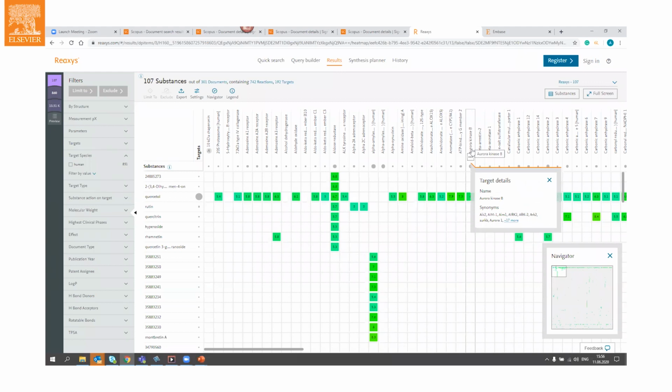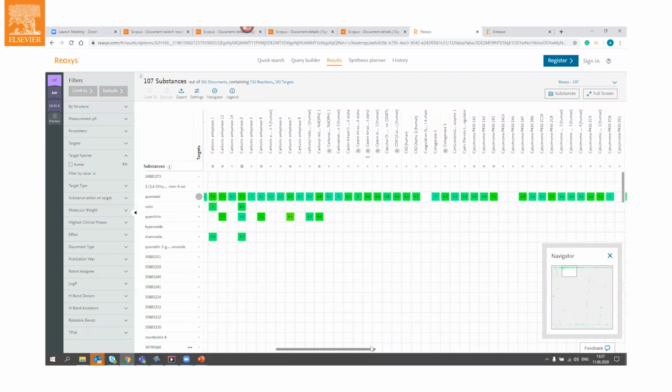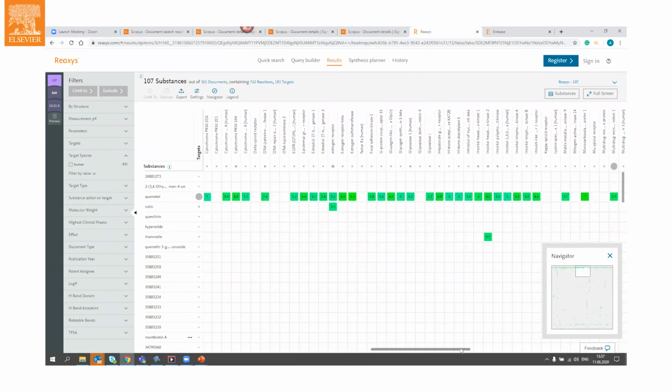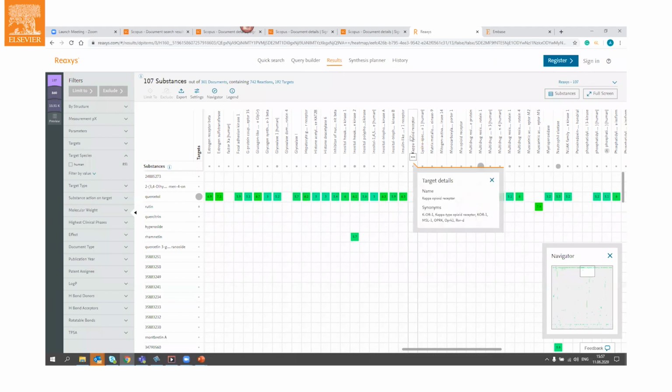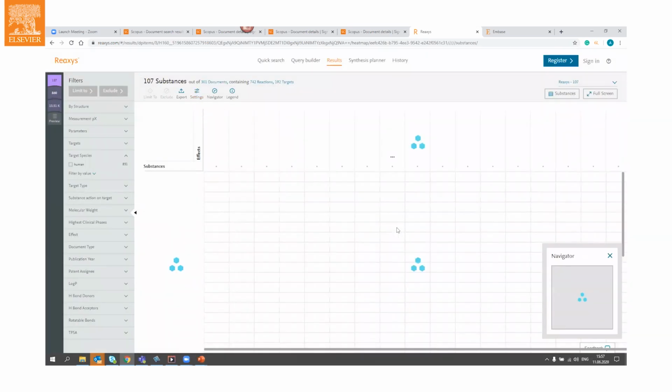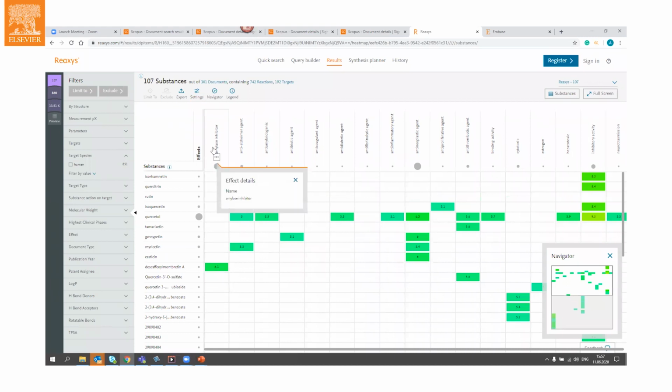And here you can find all different types of targets. For example, this target, Aurora kinase, is related to cancer and often used as an anti-cancer target. Probably you can find some targets related to adverse drug reactions, for cardiac adverse drug reaction, for toxicity. By the way, coming to toxicity, from here you can go to settings, and instead of target, you can choose effect. And from effect, you see it's not only antiviral effect, but also cytotoxicity.